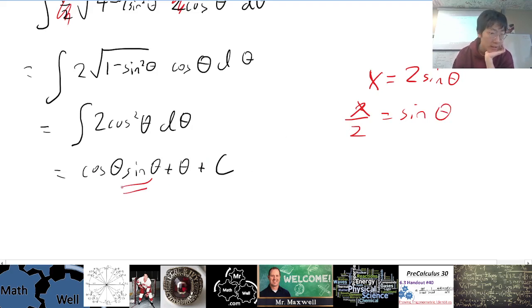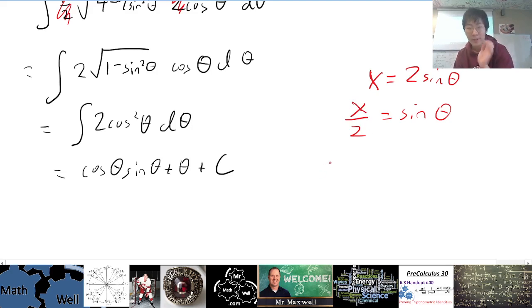But what about cos theta? Because we can't really get it out of just that. Or can we? What we have to do is try and squeeze every little bit of information out of this substitution, x equals 2 sine theta, or this slightly easier to work with form, x over 2 equals sine theta.